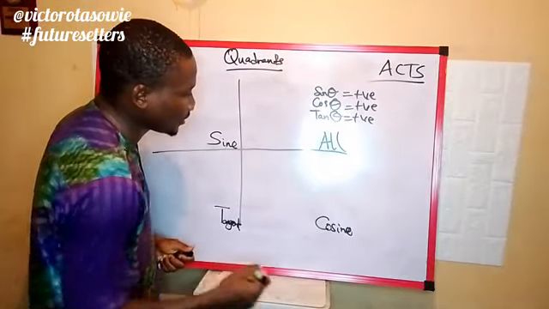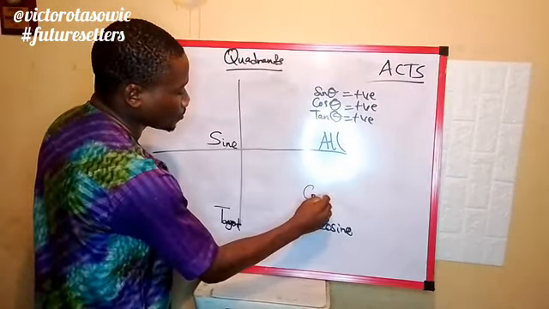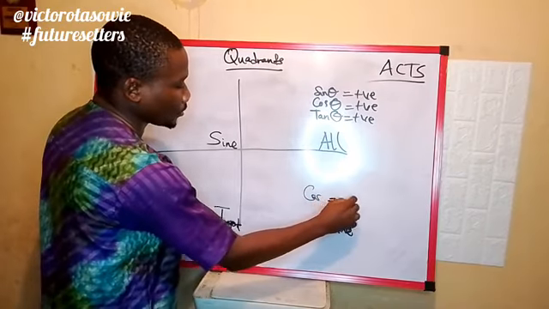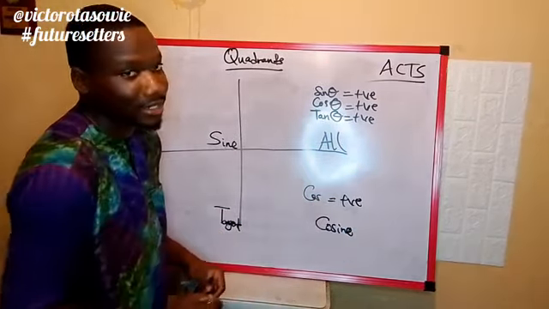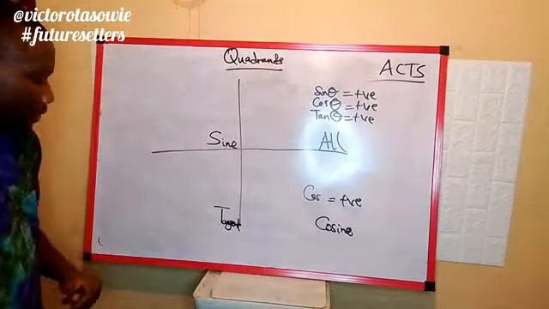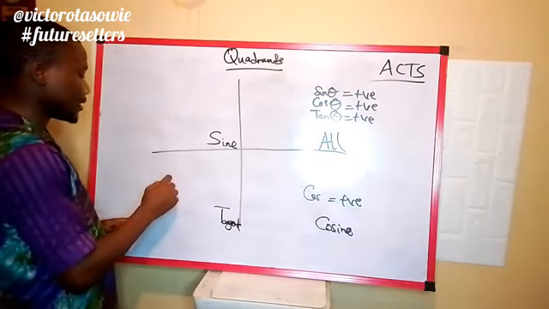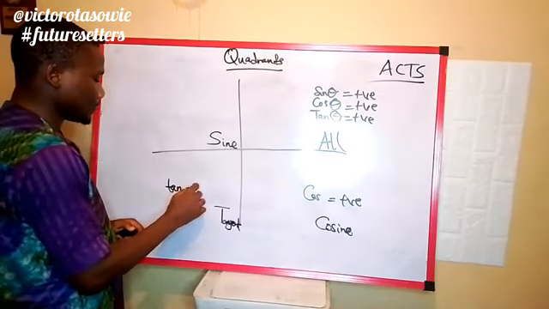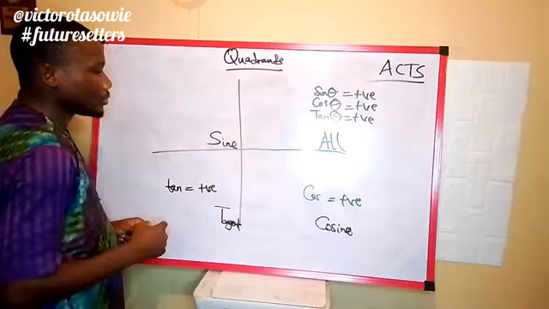Then cosine here represents that cos is positive. Then in this case we have that only tan is positive.